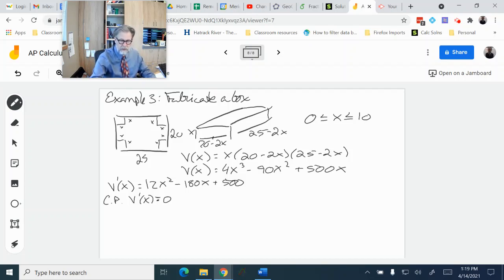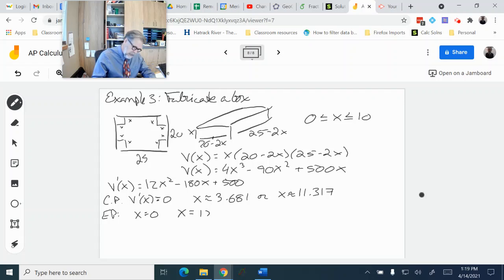I actually have a program on my graphing calculator, which is pretty easy to write. And what it tells me is that I will get x approximately 3.681 or x approximately 11.317. And my endpoints, of course, are at x equals 0 and x equals 10.